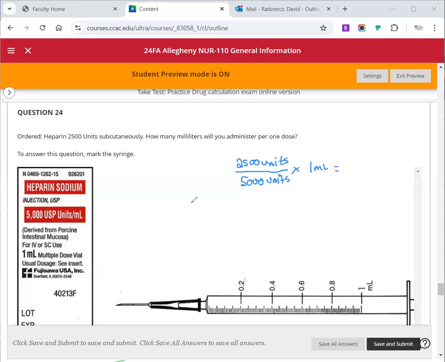Aren't you happy that you get to use a calculator with all these things? And then I'm just going to drop a point on my half milliliter. Now, here's the thing that's a little bit tricky, right? Because it says 0.2, 0.4, 0.6, 0.8. So we have to kind of split the difference between 0.4 and 0.6. So my 0.5 should be right there. Just pay attention to that, because sometimes that's how they'll do that. They'll try and add a little extra trickery.